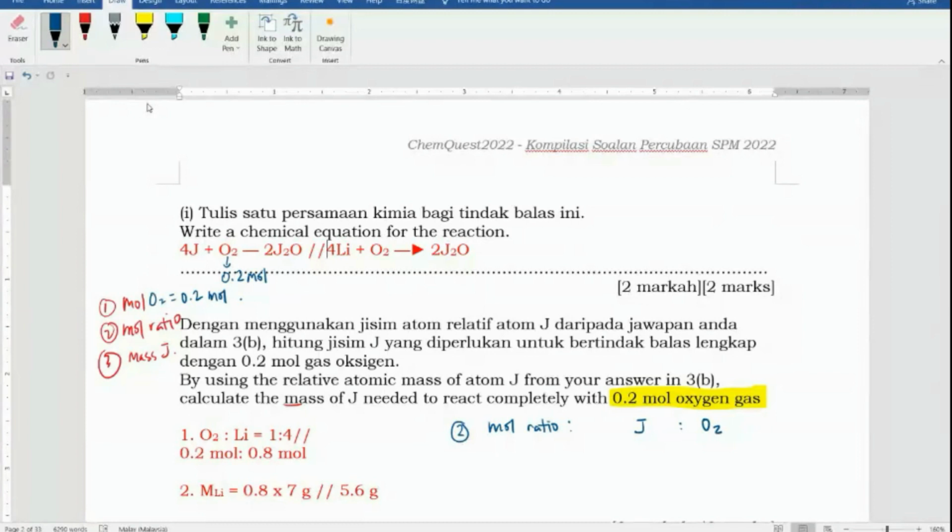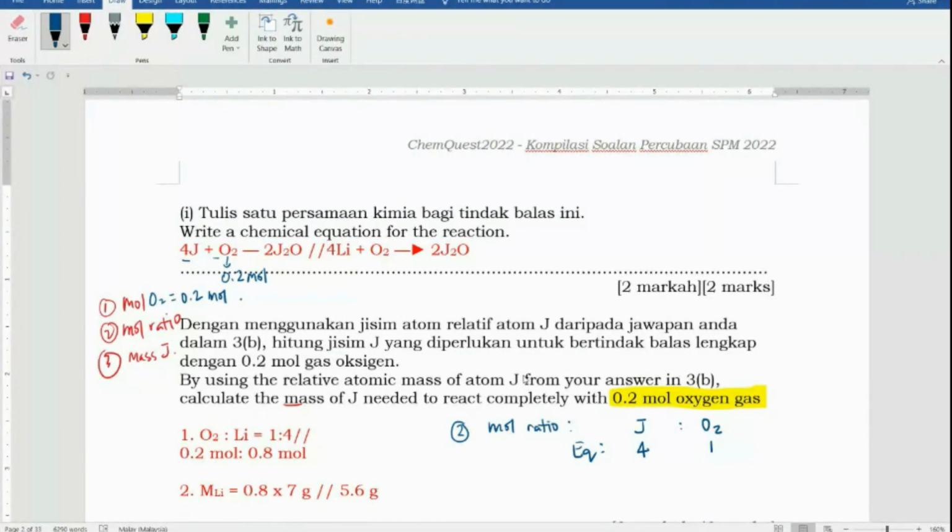So the more for this one is 4, correct or not, from the equation? So it's 4. This one is what? Oxygen. It's 1, right? Correct, this one 4, this one 1. Nothing means 1. Is this okay? Anessa, okay or not? Jonathan, okay or not? This one 4, this one 1.